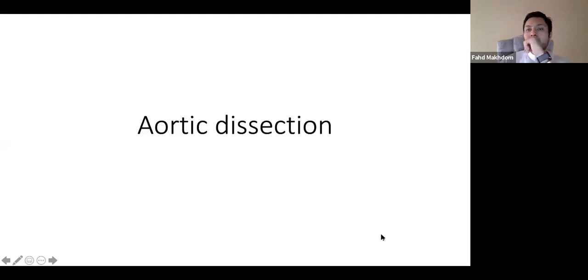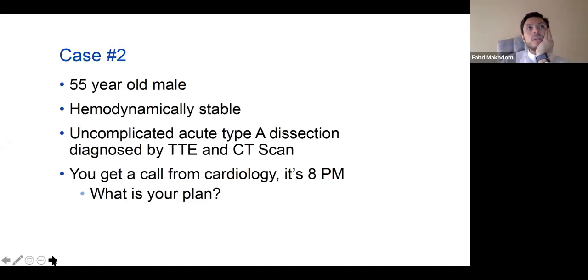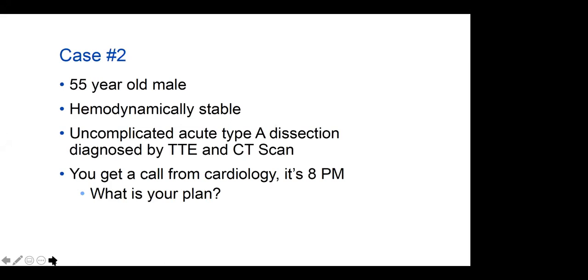I finish the Bentall procedure, then I discover there is a problem in the right system. Should I clamp again and revise the anastomosis, or just put a vein graft and that's enough?